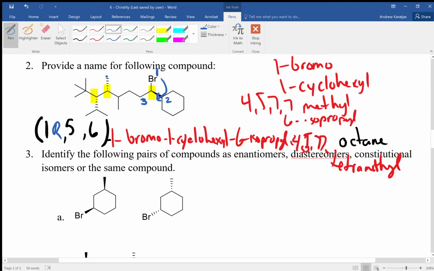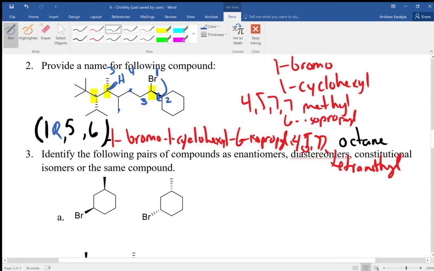Over here at carbon 5 we have a methyl, which is going to be third priority because the hydrogen is fourth. To the left we have a carbon bonded to 2 carbons. To the right we have a carbon bonded to 2 carbons. So now we've got to go further. With those, we only have 1 more carbon bonded at either of these positions.